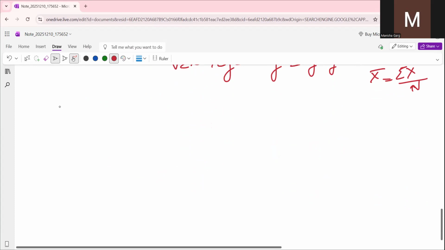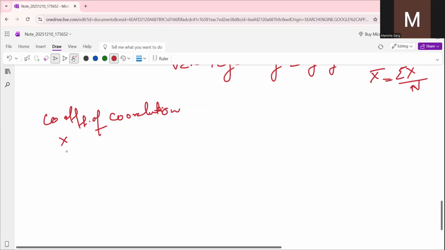We have a question. We have to find the coefficient of correlation. We have given the data.